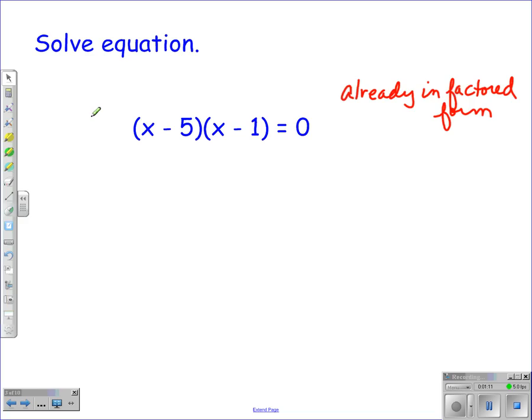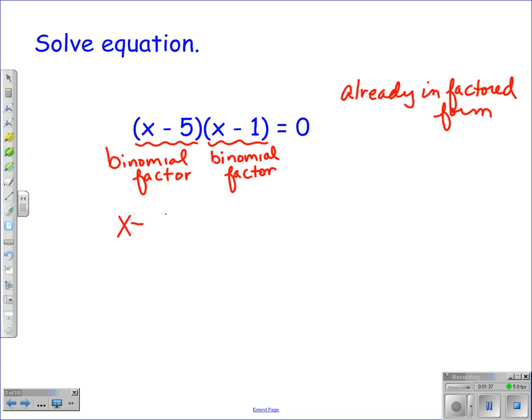Once it's in factored form, we will set it up so that you have this binomial factor, and the x minus 1 is also a binomial factor. Each of those factors multiplied together equals 0. We'll use that zero product property.